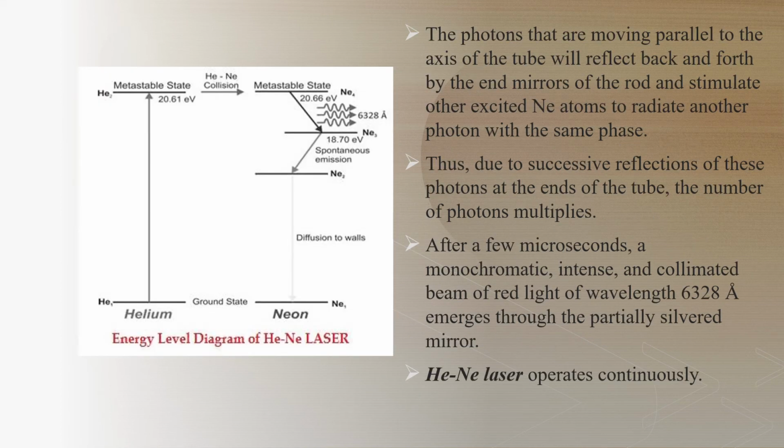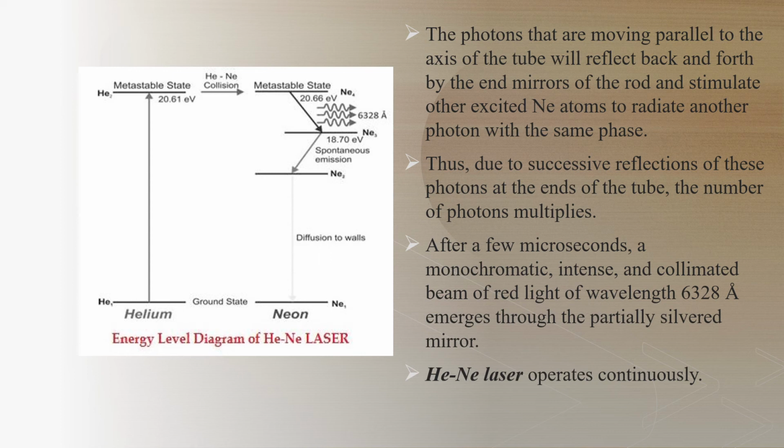The photons that are moving parallel to the axis of the tube will reflect back and forth by the end mirrors of the tube and stimulate other excited Ne atoms to radiate another photon with the same phase. Thus, due to the successive reflections of these photons at the ends of the tube, the number of photons multiplies.